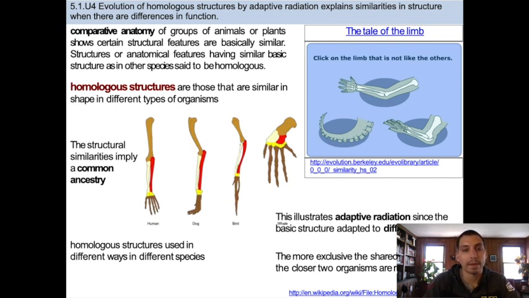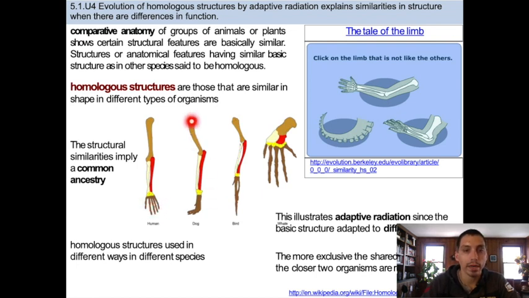So essentially what that means is all 4 of these organisms here have a same common ancestor. That common ancestor had a general structure in their limb, and even though those species then diverged, they all share that similar structure. So if you look at a human arm, in the upper arm there's 1 bone, in the forearm there's 2 bones, in the wrist there's many bones, and then they separate into fingers.